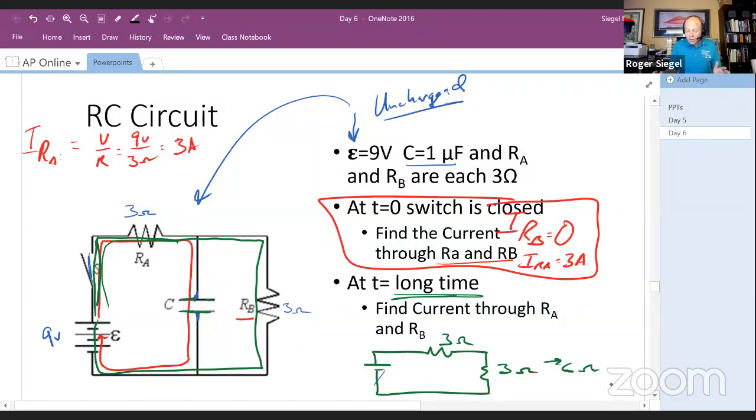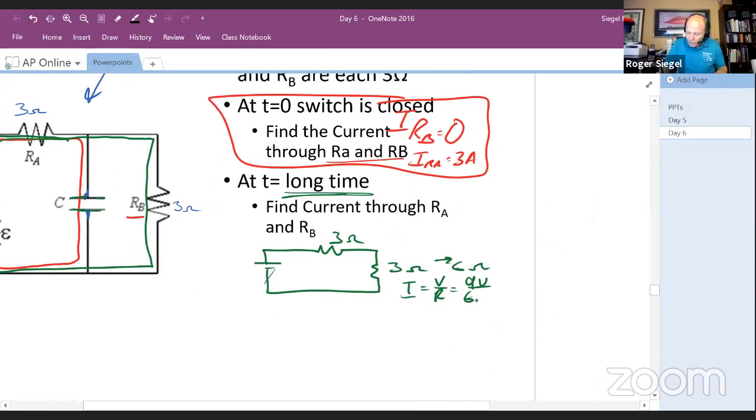Okay, and so I'm looking for the current here. So I is equal to V over R, and that's going to be 9 volts over 6 ohms, and so that's going to be 1.5 amperes.